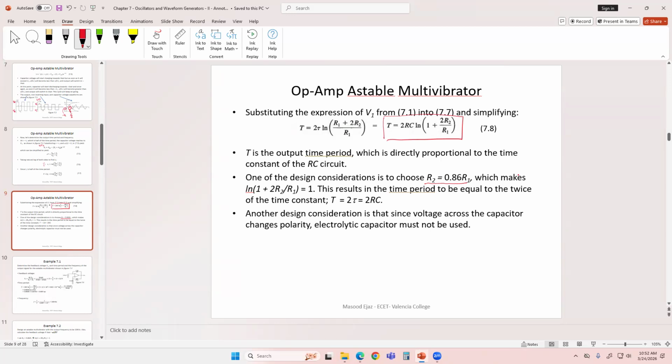So that's one of the design considerations that we can take. Again, this is not a must, but it is one of the things you can do to simplify the equation of the time period.